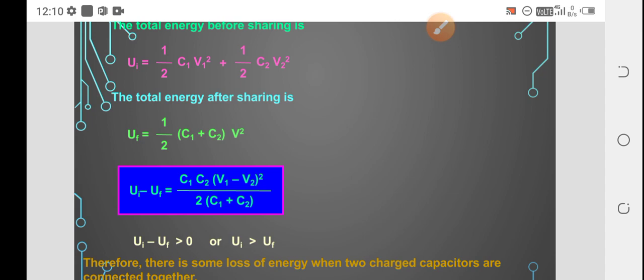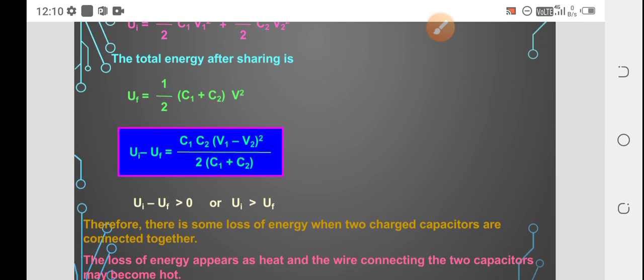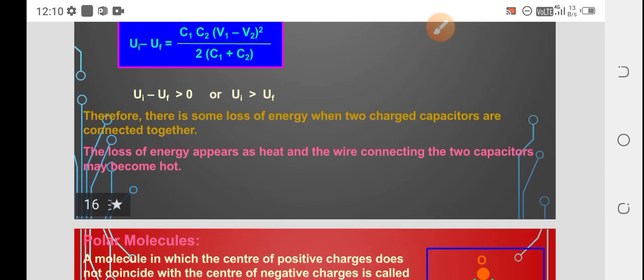Now you can see Uf is 1/2 (C1 + C2) V squared, and Ui is 1/2 C1 V1 squared plus 1/2 C2 V2 squared. After simplification, Ui minus Uf equals C1 C2 (V1 minus V2) whole squared divided by 2 (C1 + C2). That means Ui minus Uf is greater than 0, or Ui is greater than Uf.